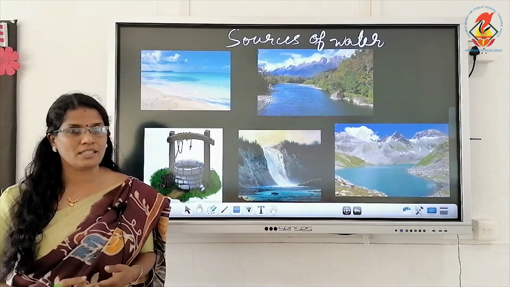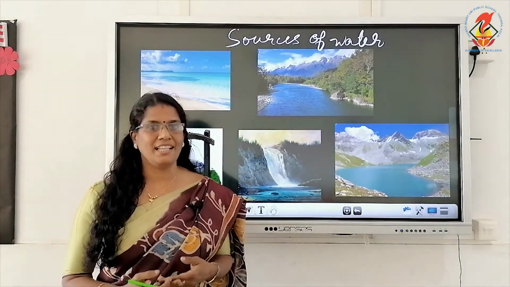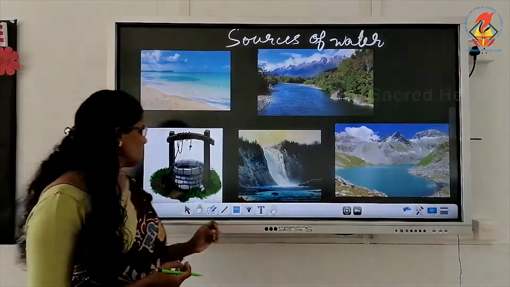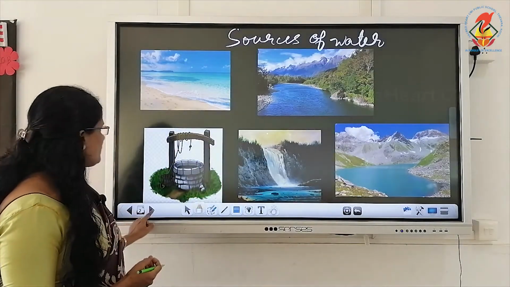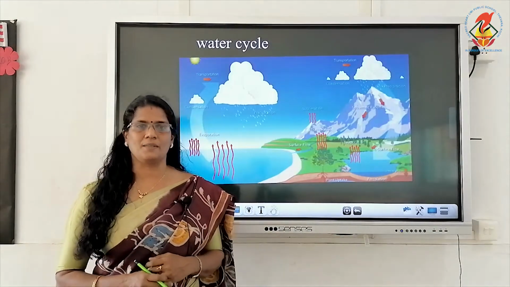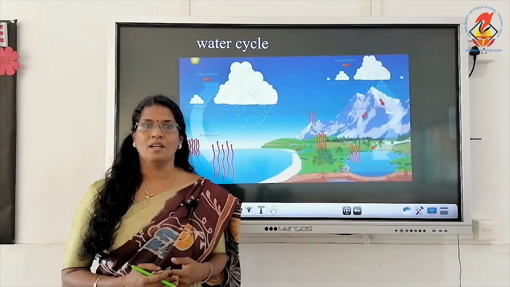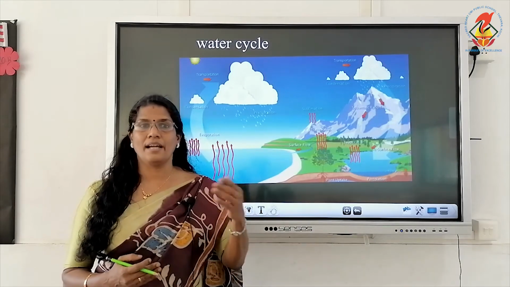So water continuously changes its form and circulates between oceans, land and atmosphere. This is known as the water cycle. The water cycle is the continuous movement of water from ocean to land and sea.